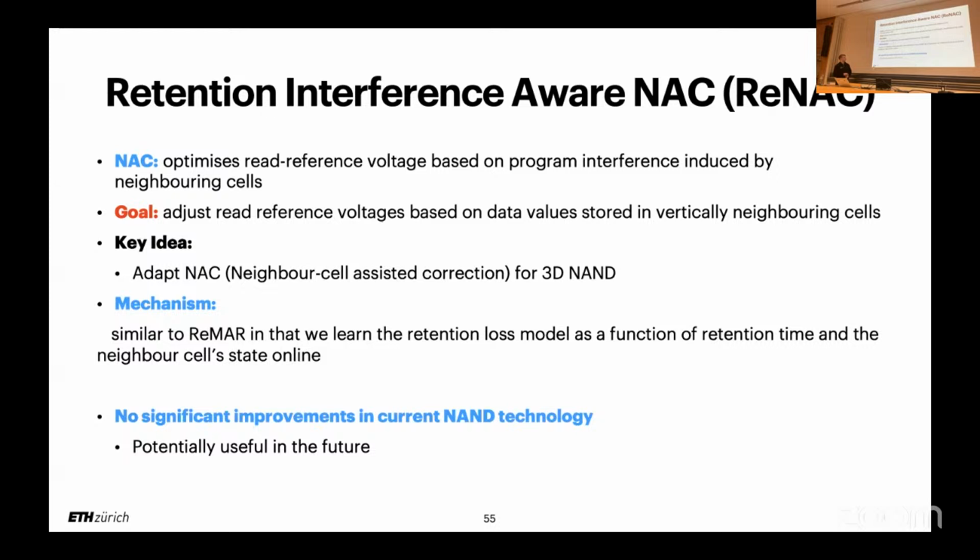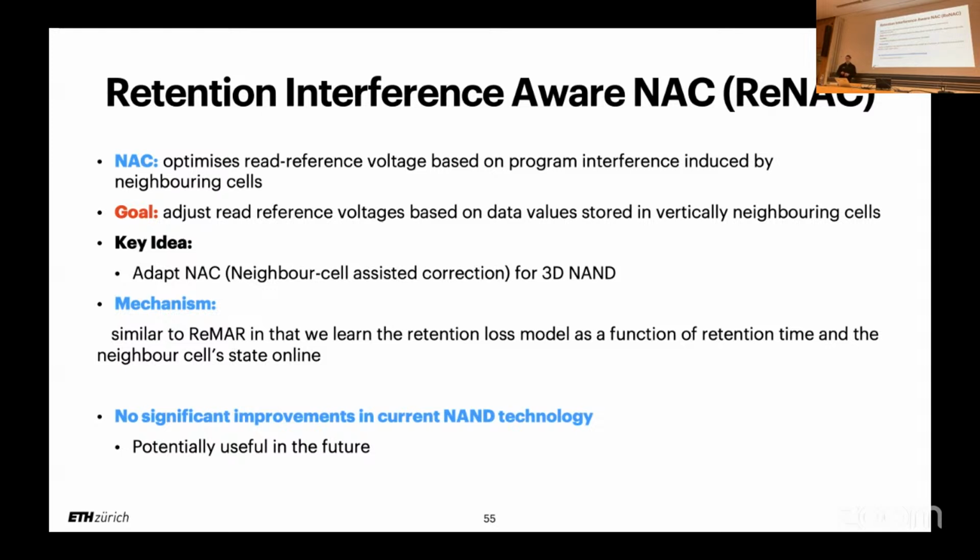Now, the concrete mechanism behind it is very similar to Remar. We developed this kind of online model, and we basically just include the fact that the neighboring cell is in such and such state, and this gives us a sort of optimal read reference voltage.